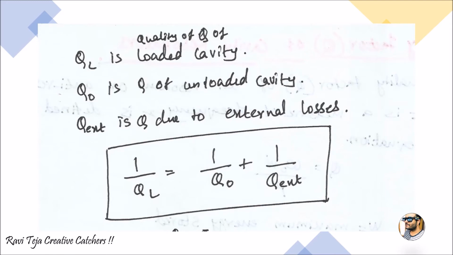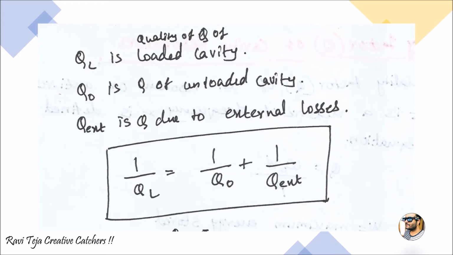Initially a cavity resonator can be empty, an unloaded cavity. Once a signal is passed into that cavity resonator, it moves to and fro and generates some energy. In that condition we call it QL, which is the Q of a loaded cavity. In this case, the cavity resonator is full with the energy or the signal, or the frequency.